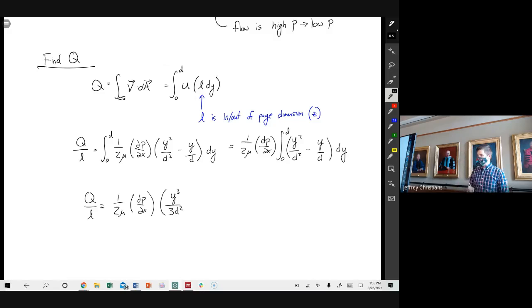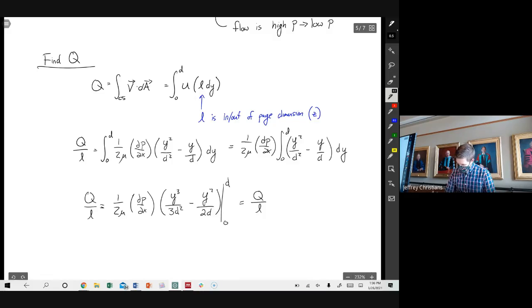The integral of y is y squared over 2, so minus y squared over 2d. And we're evaluating this from 0 up to d. Obviously, when we evaluate it at 0, both of those terms are 0. So we just evaluate it at d.